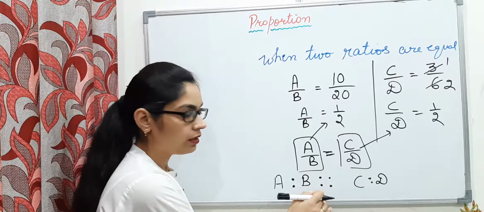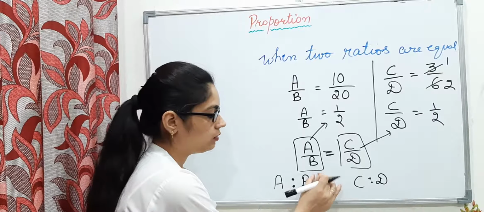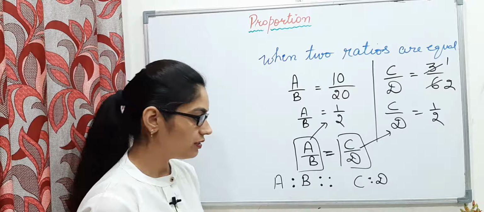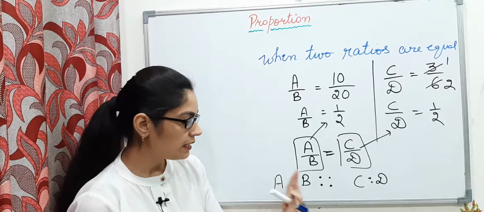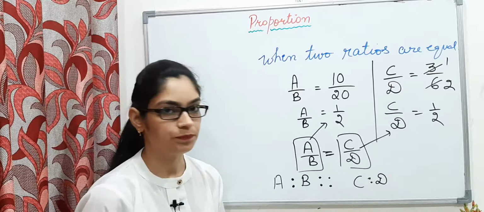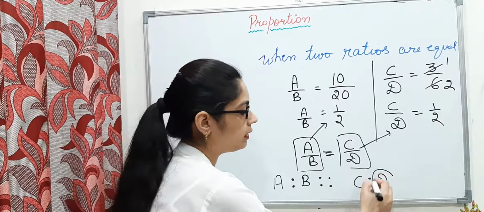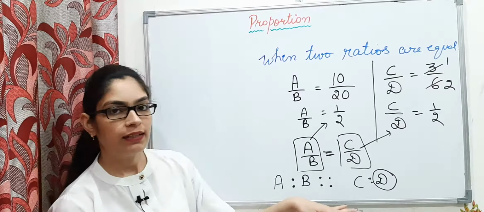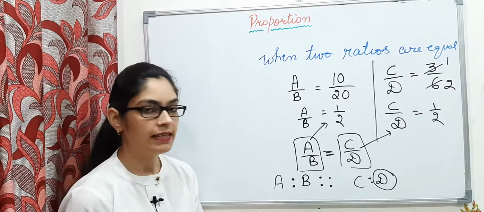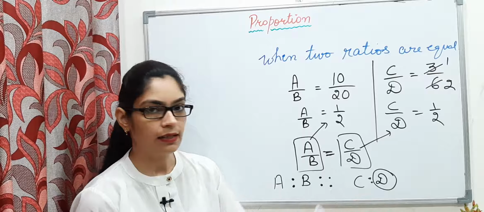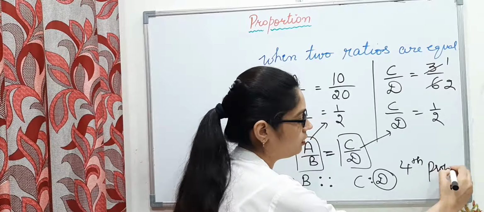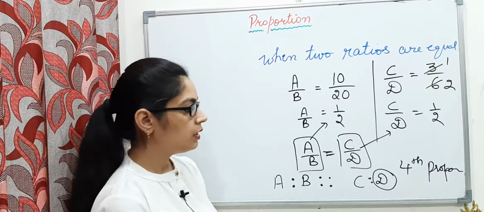One single dot is for ratio and two times when we write, it is the symbol of proportionality. So it is written as A is to B proportional to C is to D. See, four quantities are there. A is the first proportional, B is the second, C is the third and D is the fourth proportional.